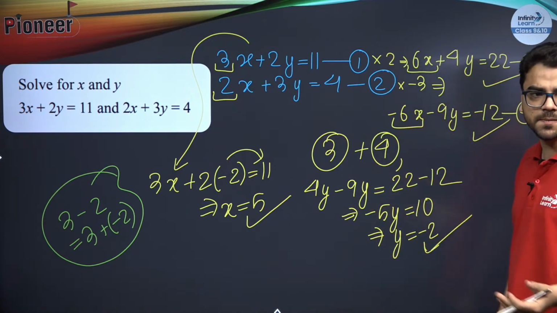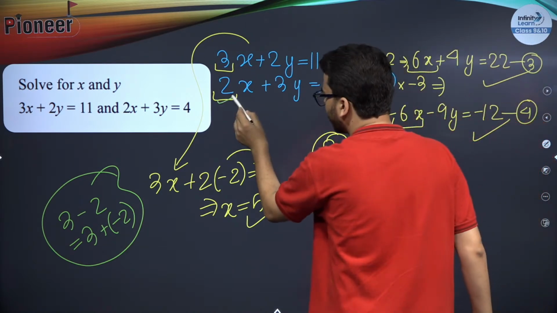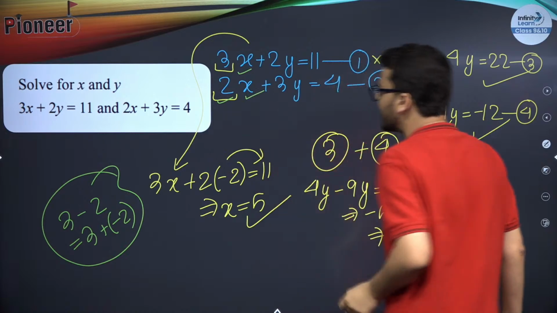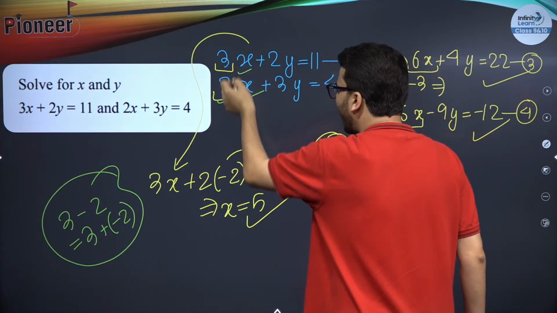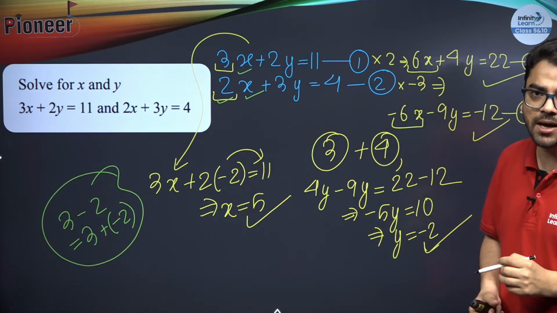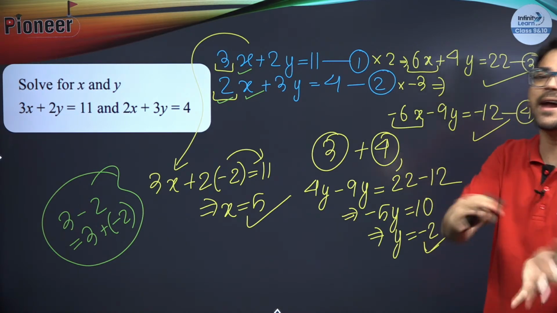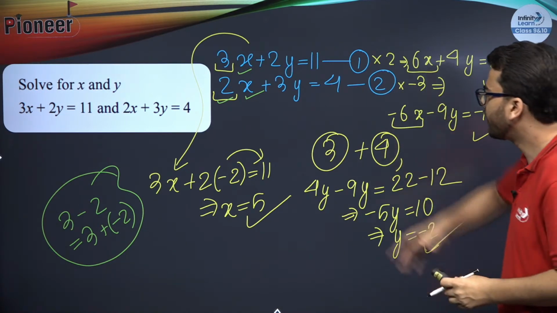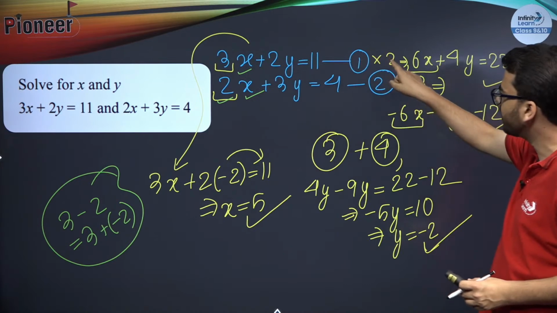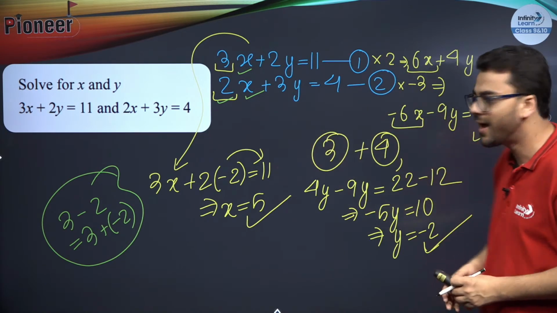So what I was explaining over here, Raj, suppose I want to eliminate the variable x, right? What I would like over here is to make the coefficients of x equal in both the equations. But instead of making them equal, can I make them equal and negatives of each other? Can we do that? For example, I can multiply the first equation by 2 and the second equation by minus 3. Why am I doing that?